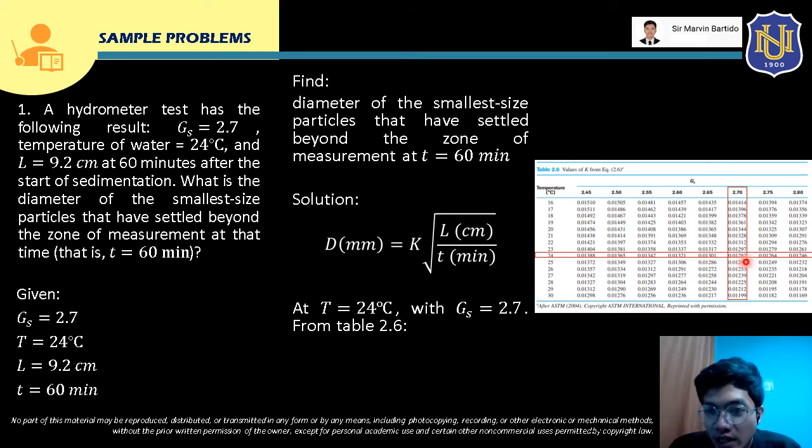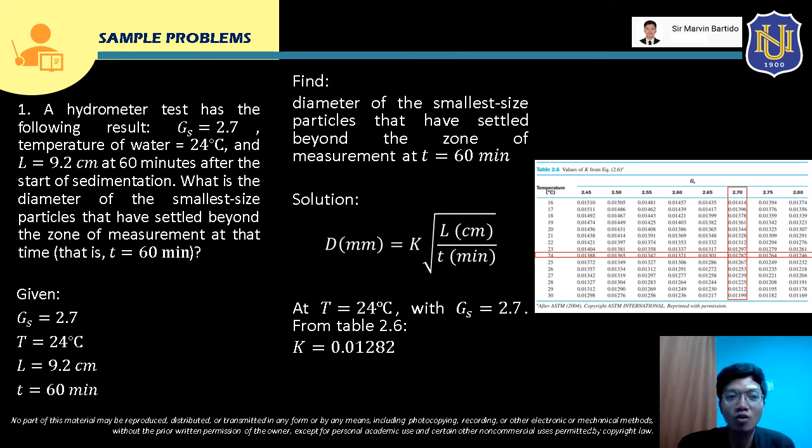So, kukunin mo yan, class, itong value na to. So, ito yung value ng K, and that is equal to 0.01282. Now, for our L, this is actually given. This is 9.2 centimeter. Take note, class, that if the L is given, ibig sabihin, class, yung reading na pinagkuhanan natin ng L na to is already corrected.